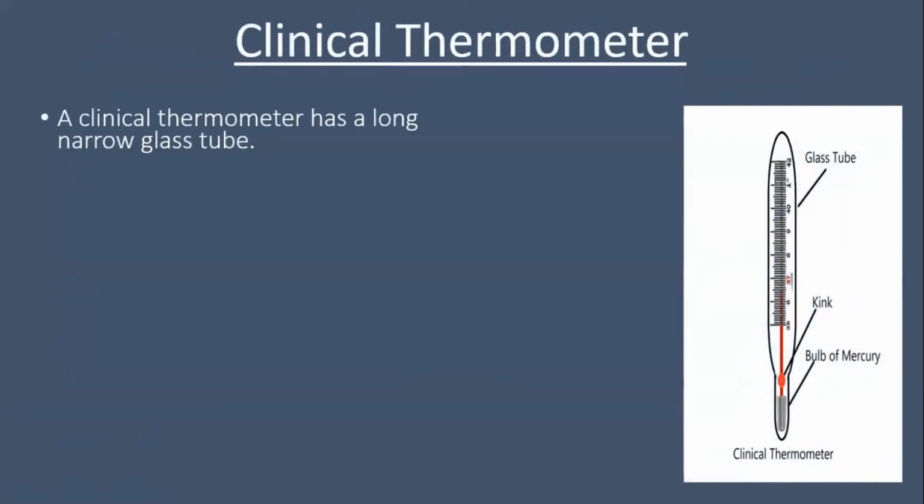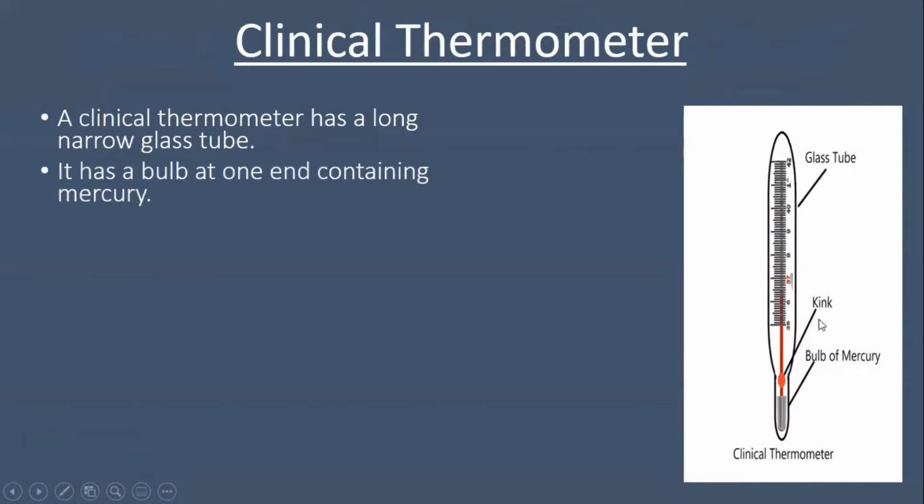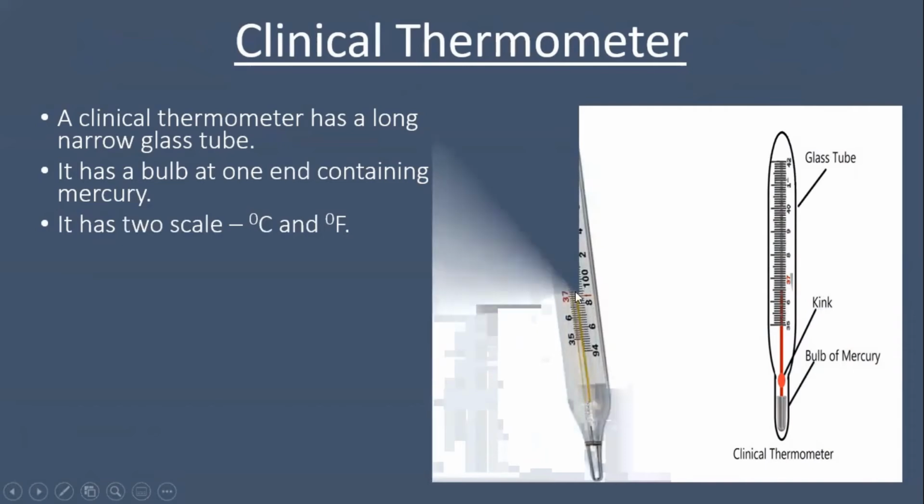A clinical thermometer has a long, narrow glass tube. It has a bulb at one end containing mercury. It has two scales.